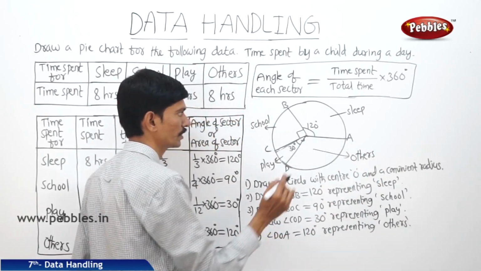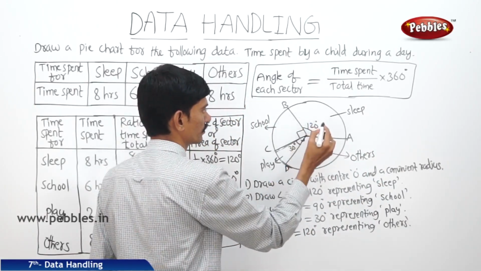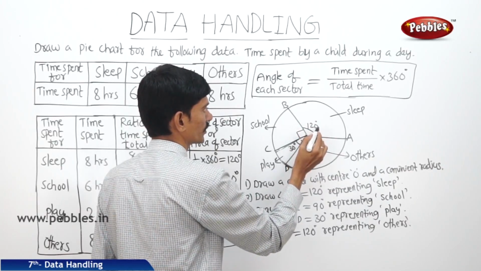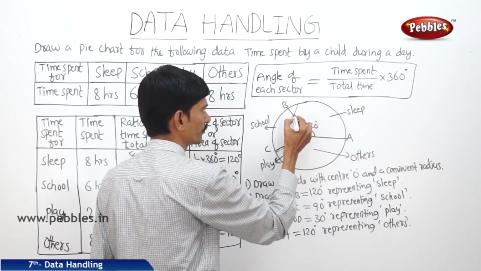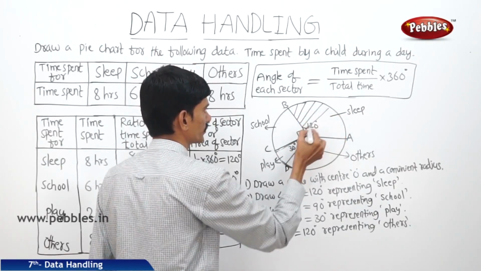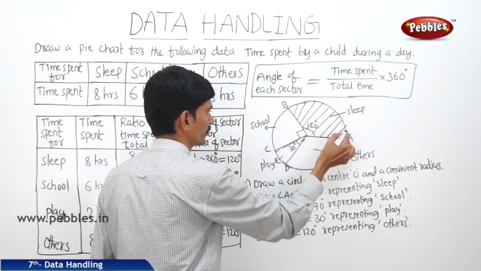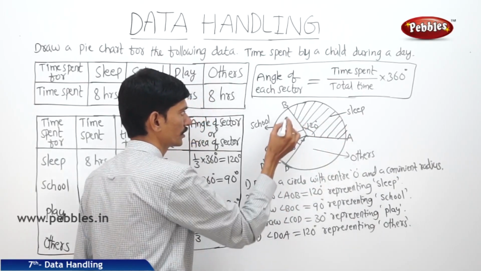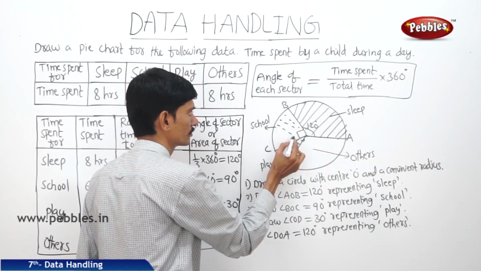And we can shade differently for different sectors. For the sector representing sleep, we can shade like this. For the sector representing school, we can put dots.